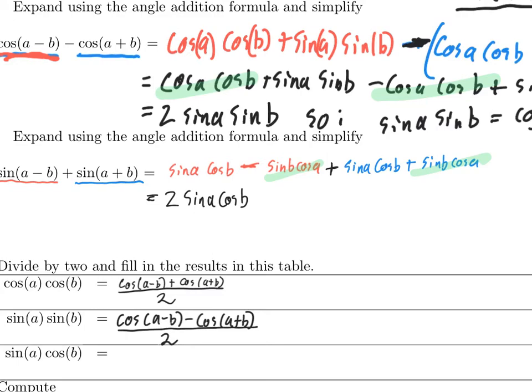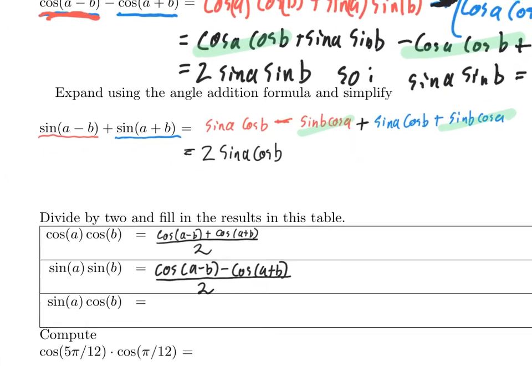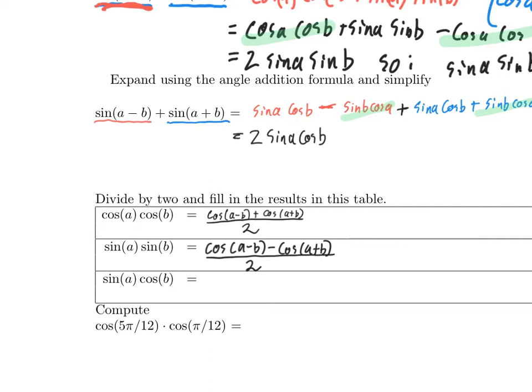You're left with 2 sine A cosine B. So let's look at that. That means I can take this equality and divide both sides by 2. So sine A cosine B is equal to the sine of A minus B plus the sine of A plus B, all over 2.